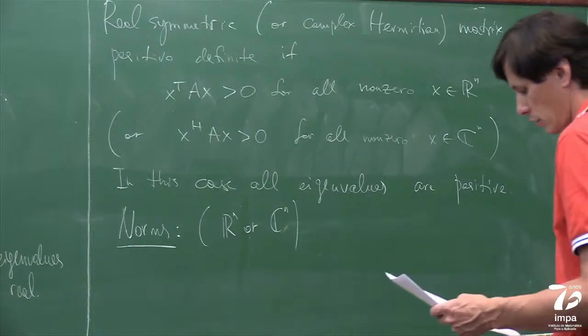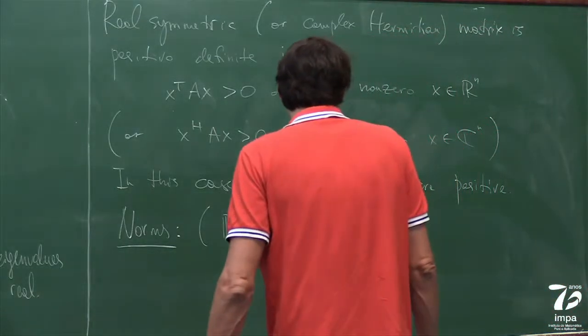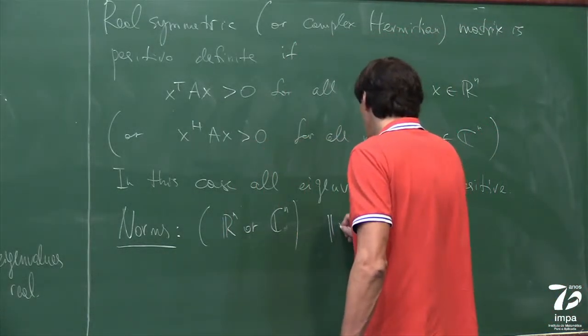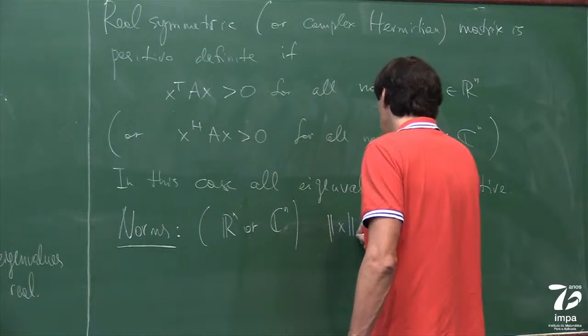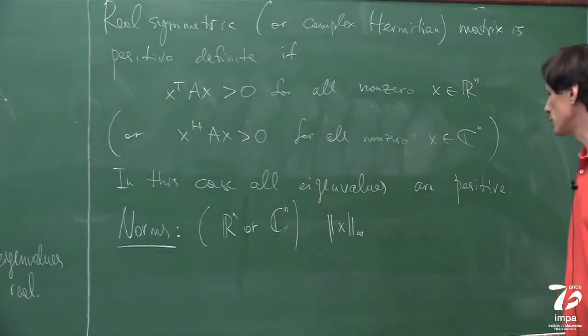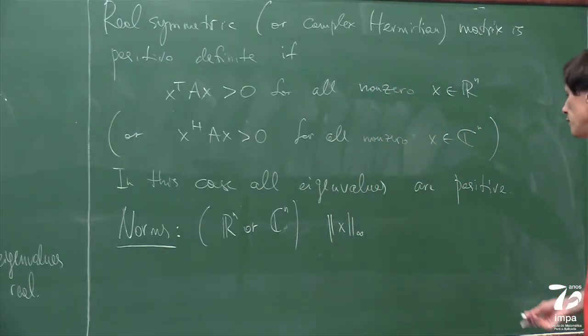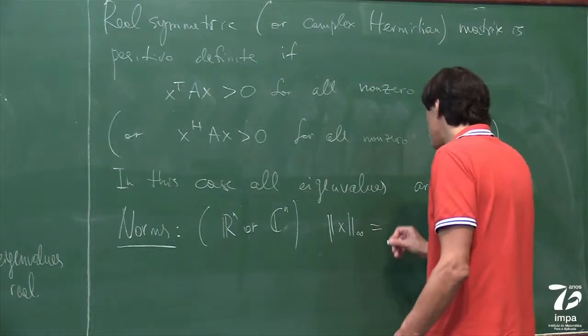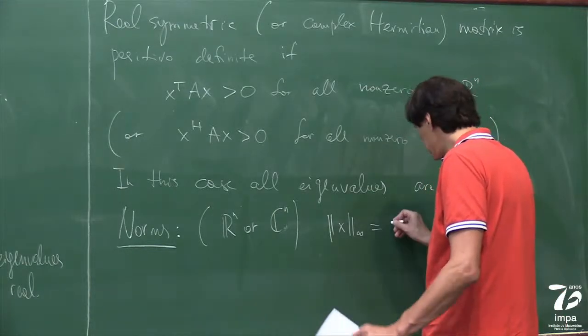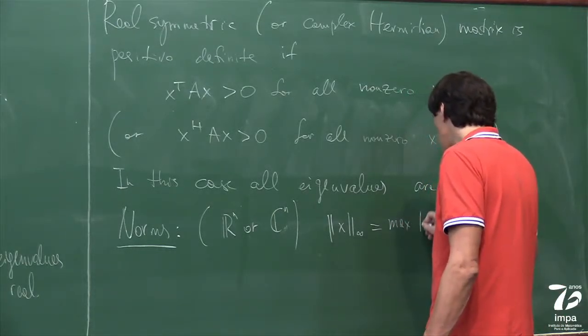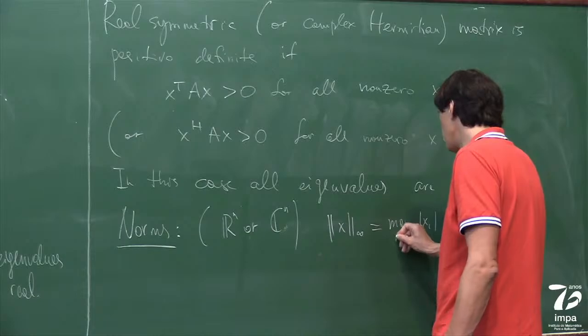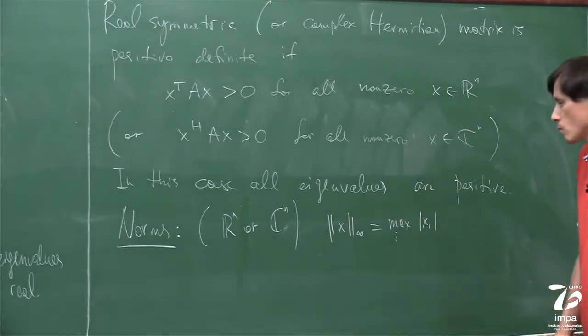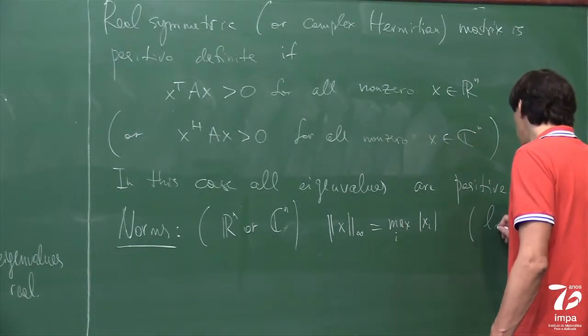So there are many norms. Usually you put the norm you use in the subscript. So the L infinity norm is just the maximum component, the maximum absolute value of the components. All right, so it's the L infinity norm.